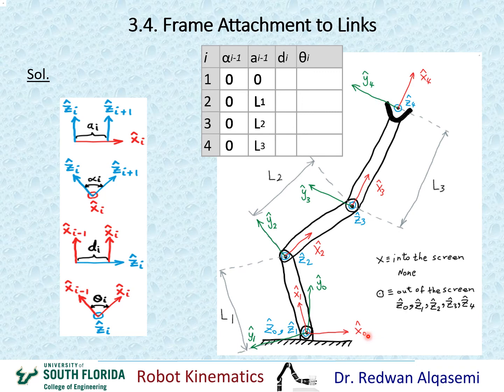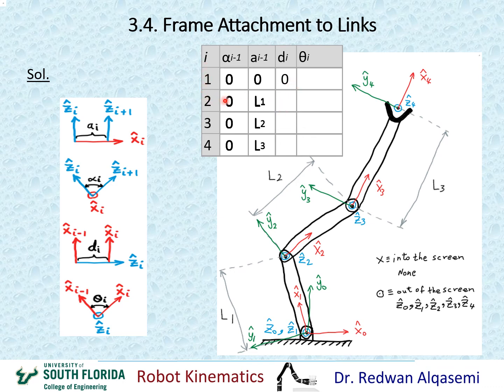This is X0 and this is X1. I'm looking at the distance between them along Z1, which is coming out of the screen right here. Obviously, both of these lines, X0 and X1, intersect at Z1. So that means the distance between them along Z1 would be 0. Okay? So that means D1 is 0.